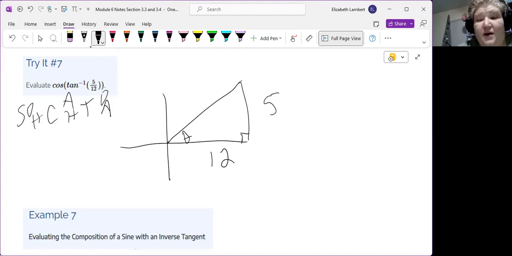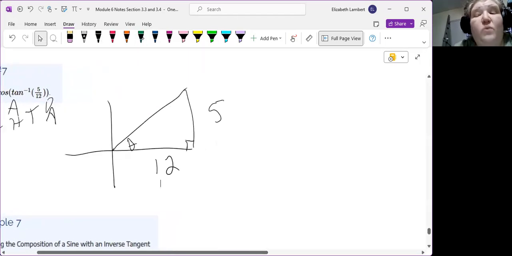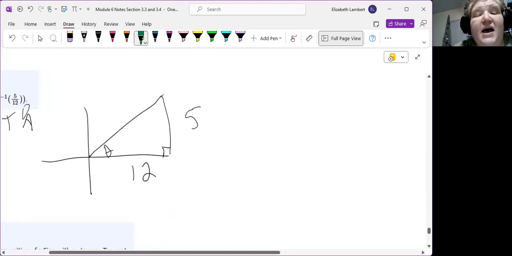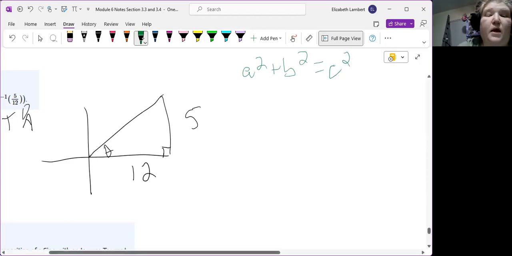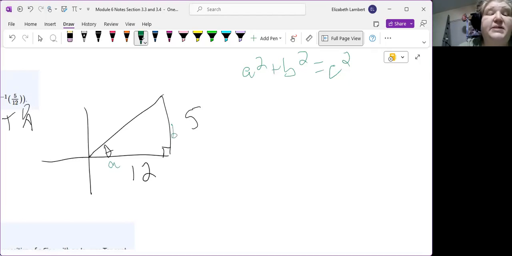So we have the 12, but we need to know the hypotenuse. I have 2 of 3 sides of a right triangle. So hopefully you guys remember, what do we use to find the third side? Pythagorean theorem. So we have A, adjacent, B, opposite, C, hypotenuse.